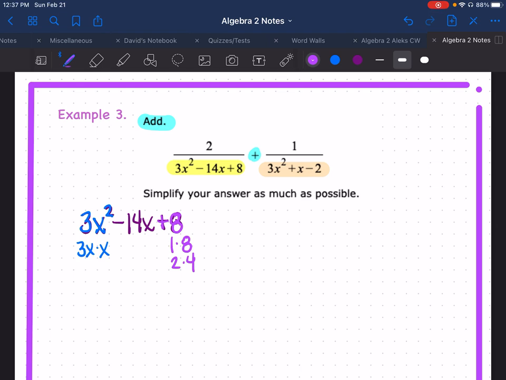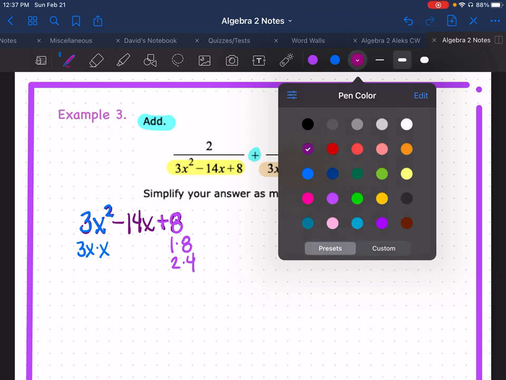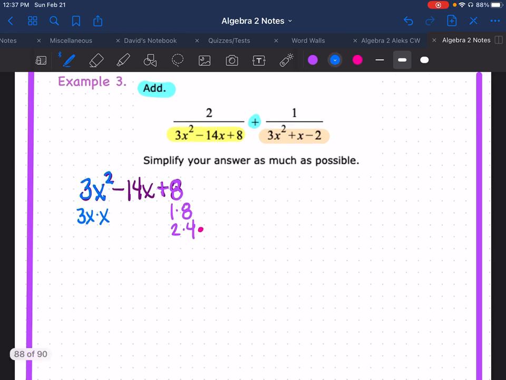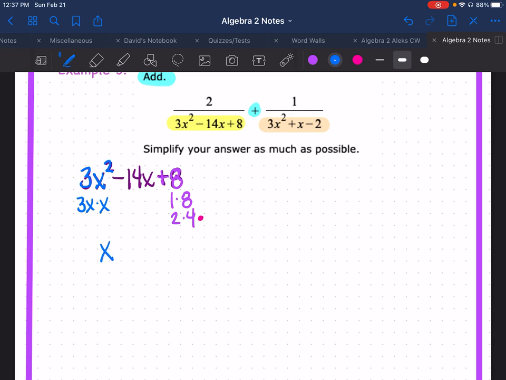I'm going to try 2 times 4 because I think that will help me get to the 14. So I'm going to put x on the top and 3x on the bottom, just because I like it that way better. I need 14, so I'm going to try the 4 here because 3 times 4 is 12, and that's pretty close. And I'm going to put the 2 right here.